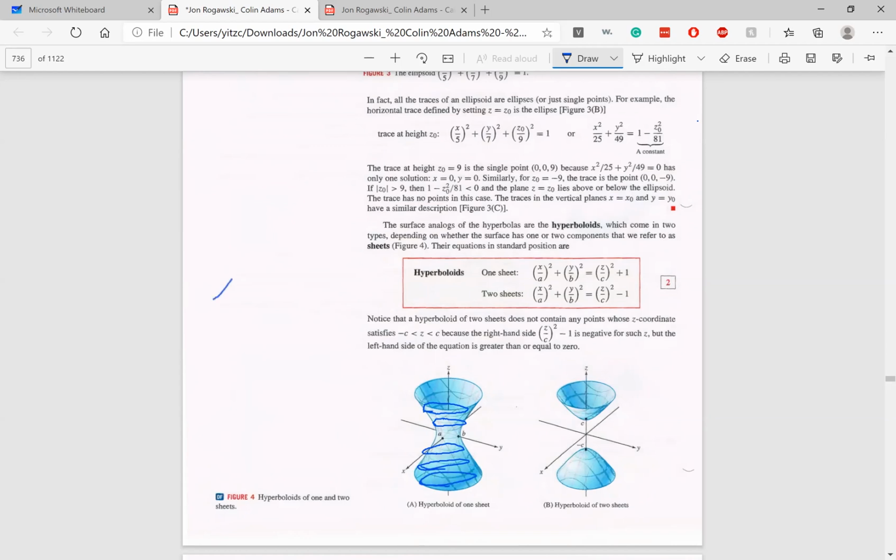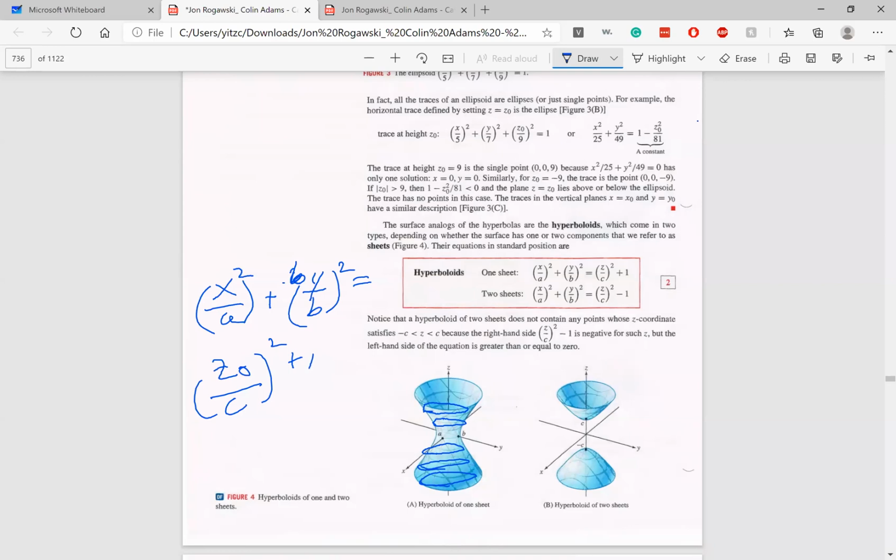So that's x squared over a squared plus y squared over b squared is equal to, let's say, z0, some constants that are changing, over c squared plus 1 or minus 1, but let's do plus 1 first. So then you get ellipses going up and down this thing.